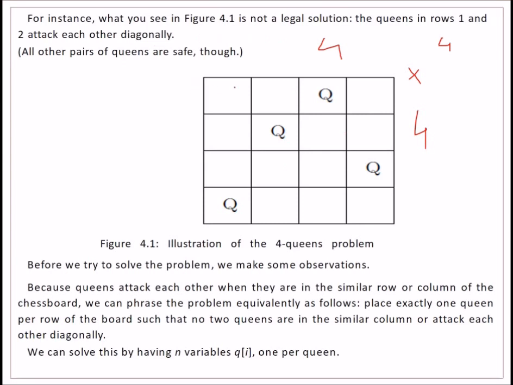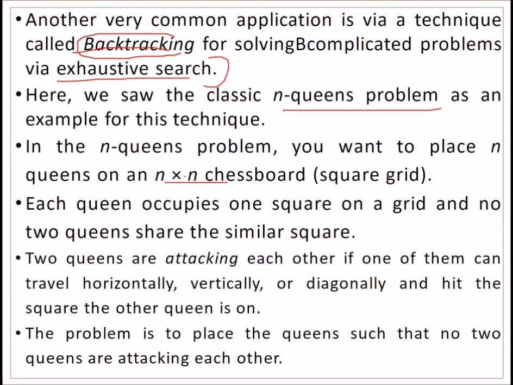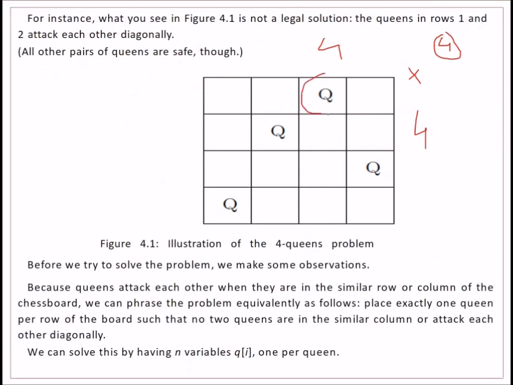So we have 4 fours are 16 squares in which we have to place 4 queens. So in this n by n chessboard, we have to place n queens, and each queen will occupy only one place. Means no other queen can be settled here.